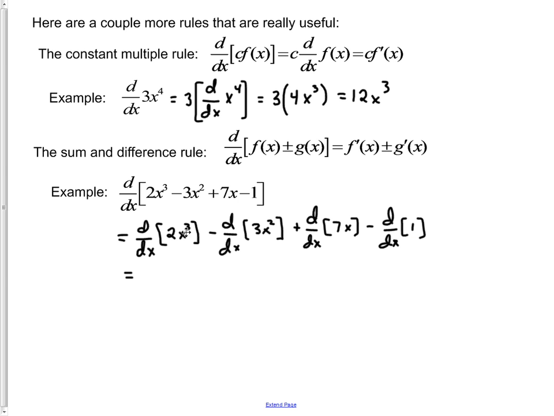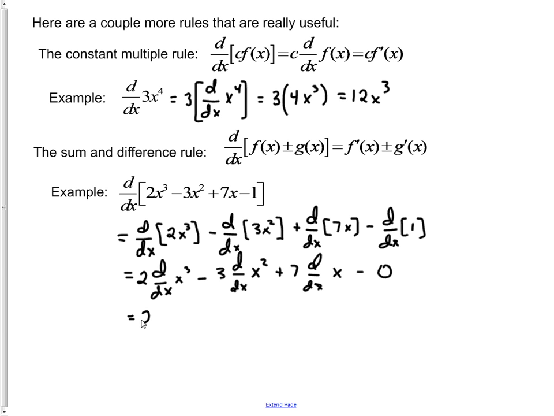By the constant multiple rule, this is the same thing as taking 2 times my derivative of x cubed with respect to x, minus 3 times my derivative with respect to x of x squared, plus 7 times the derivative with respect to x of x, minus the derivative of this constant, which is just equal to 0. That term's just going to drop off.